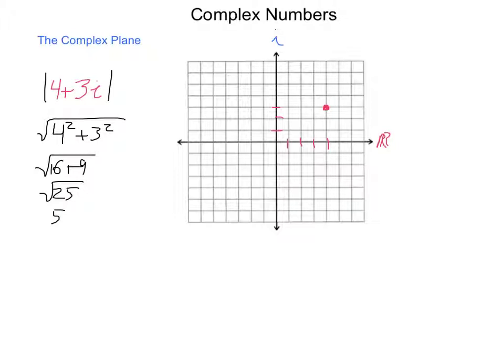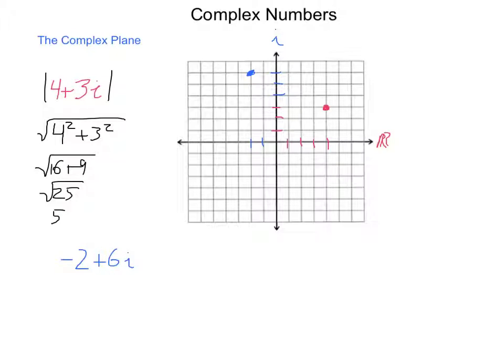Let's try another one. Let's use the value negative 2 plus 6i. So we go 2 to the left and 6 up. We end up here.